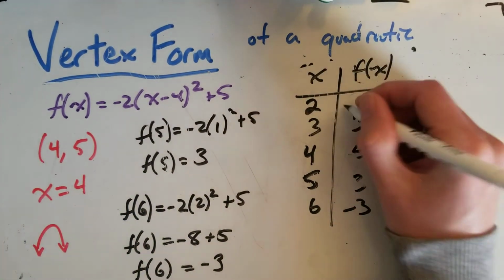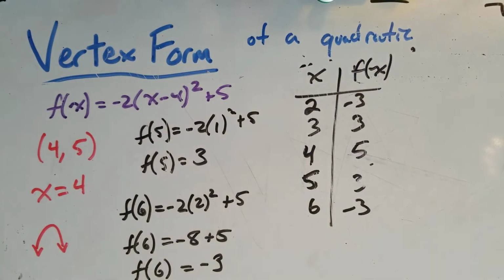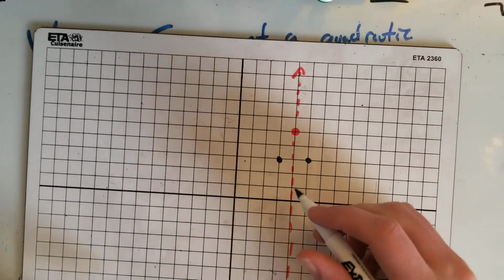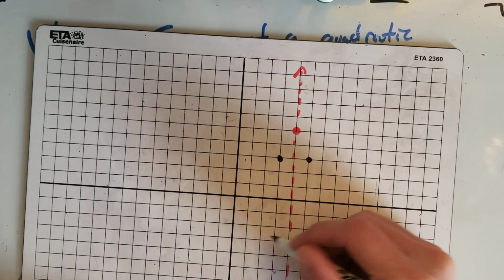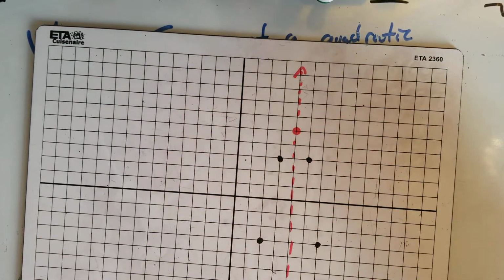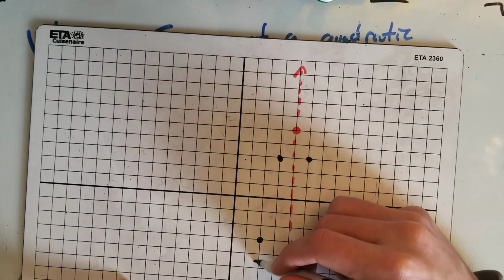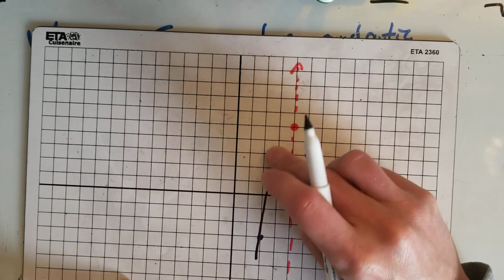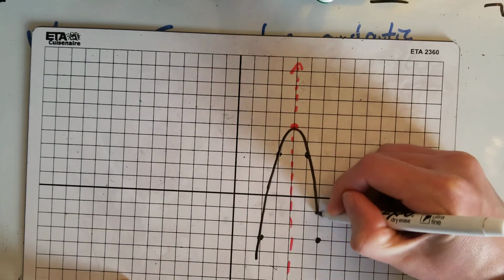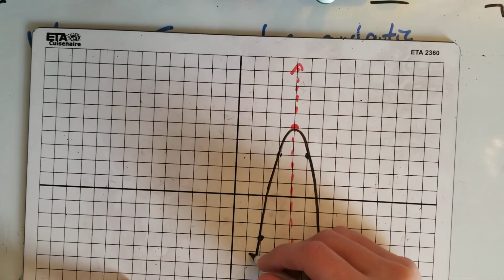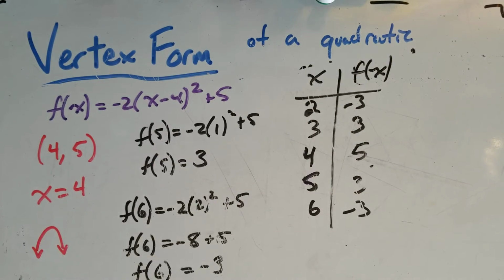We have -3 for 2 as well. That's because of our symmetry. So 6 goes down to -3. Use your symmetry. That's where the 2 is going to be, -3 as well. And this will be your parabola for what we had. Make sure you add the arrows at the end, and we're all done.